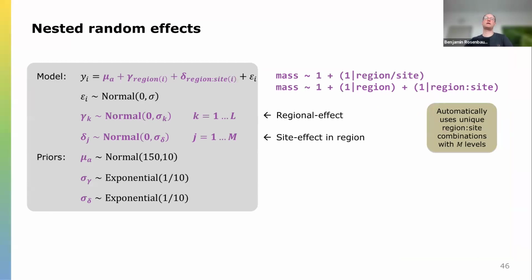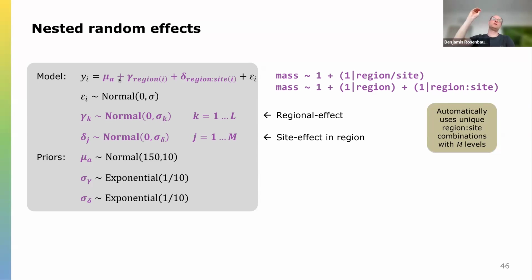And we can account for this. Here, the first line, this would be how you would specify it. So you say region and then slash site. This means site is the lower hierarchy, region is the higher hierarchy. But this is nothing else than having a random deviation for region. Right, so this is the first level of the hierarchy.